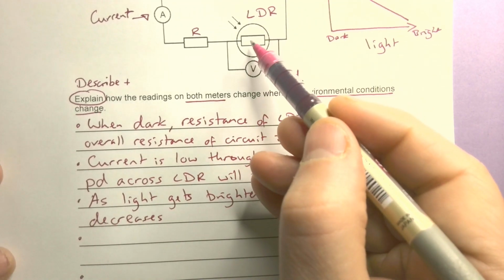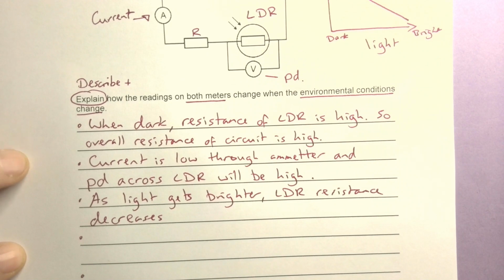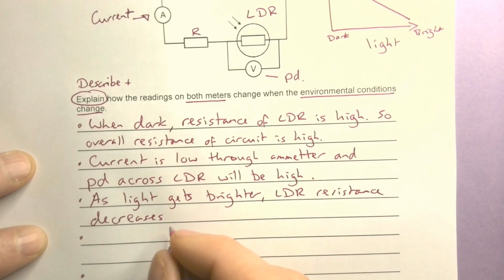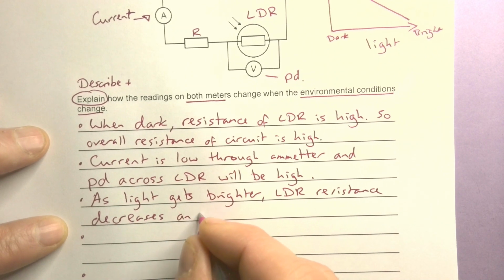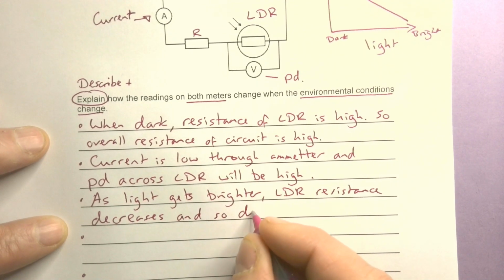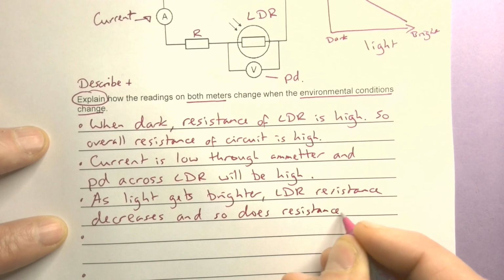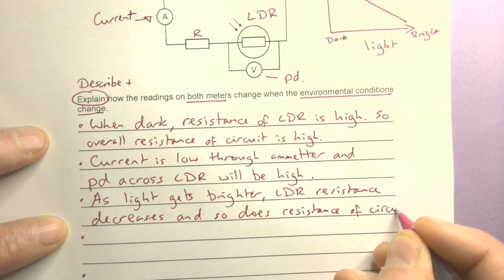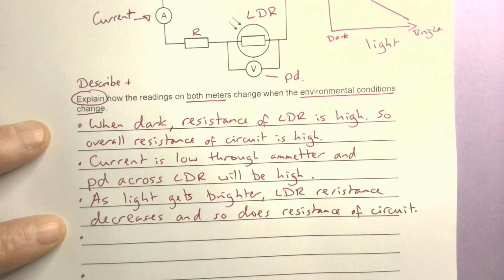So it'll come racing through here, it won't lose as much energy as it goes through that LDR. LDR resistance decreases, and so does resistance of circuit. So the whole resistance decreases.